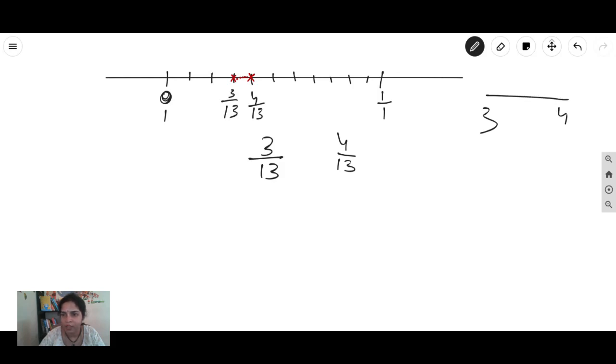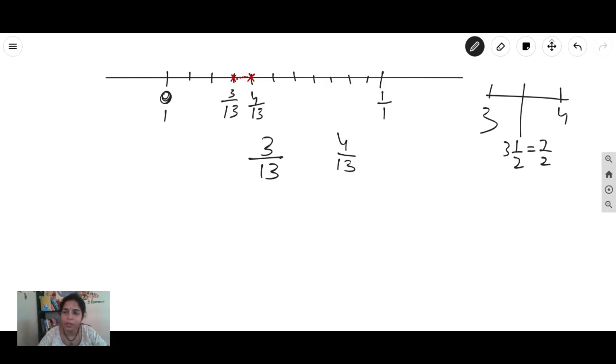Whatever space is in between 3 and 4, you will cut it. And that will become three and a half, isn't it? Or if you write it as an improper fraction, 3.5 will become 7 over 2. It's the same.